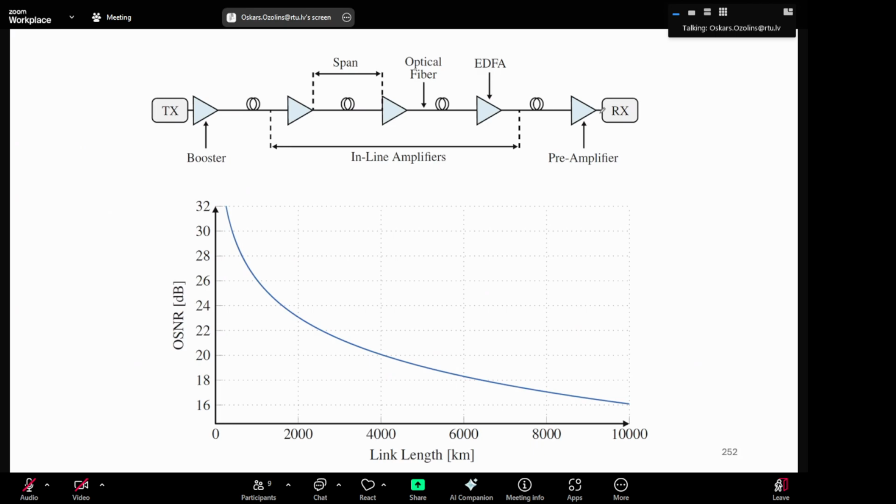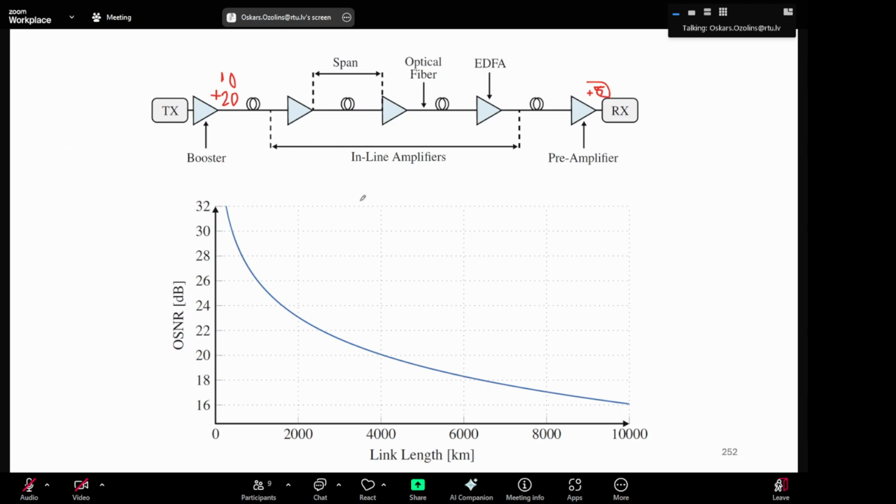The output power may be plus 5 dBm here, and here maybe plus 20. It depends also on nonlinearities. Maybe it can be plus 10, and this one can be 0.